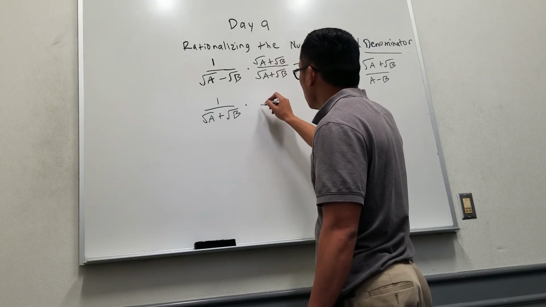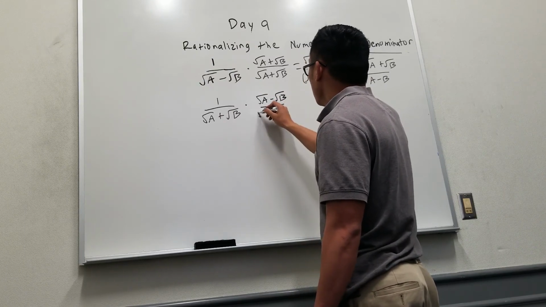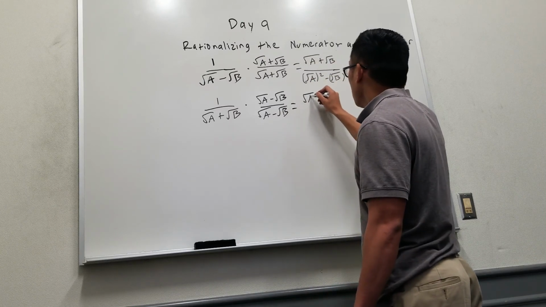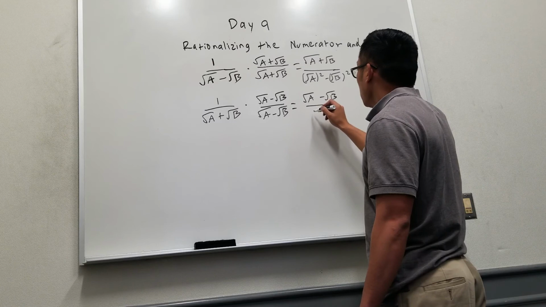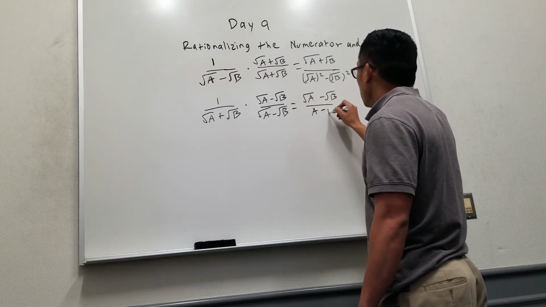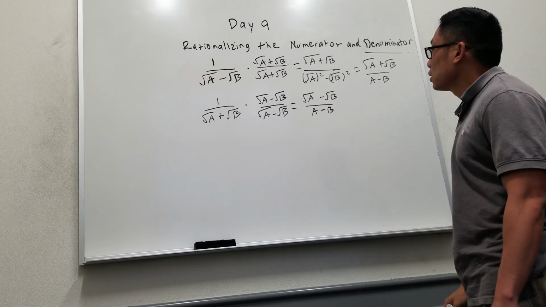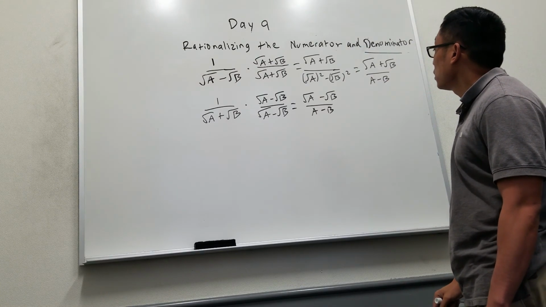You don't have to start on the bottom, you can start on the top, as long as you know you're multiplying by 1. In that case, this is radical A minus radical B. The denominator is going to be A minus B. I skipped that step here, but that's the same idea. Now we just rationalize the denominator.